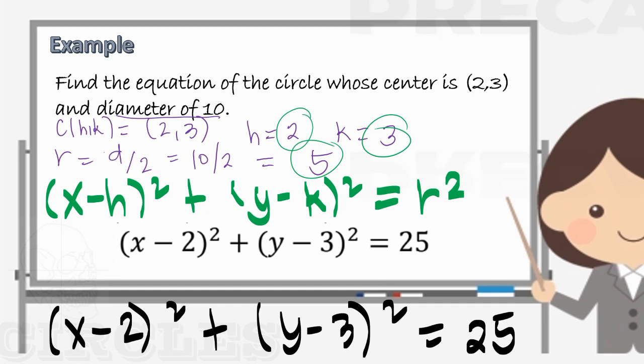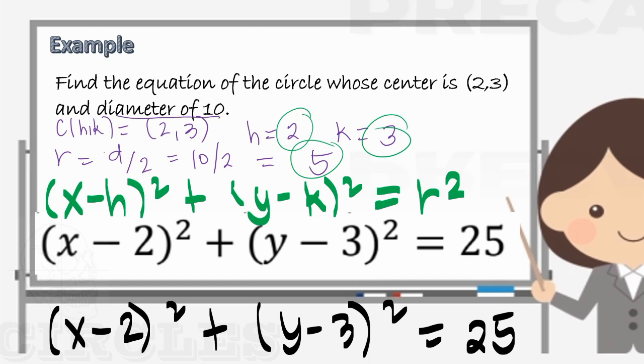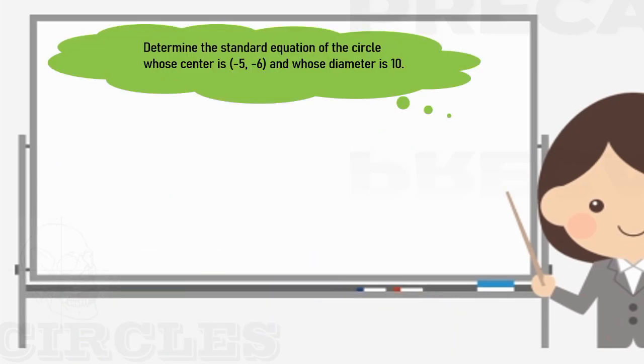So, another example. Determine the standard equation of that circle whose center is at negative 5 and negative 6 and whose diameter is 10. So, again, the given natin, center HK, ito yan, negative 5, negative 6.